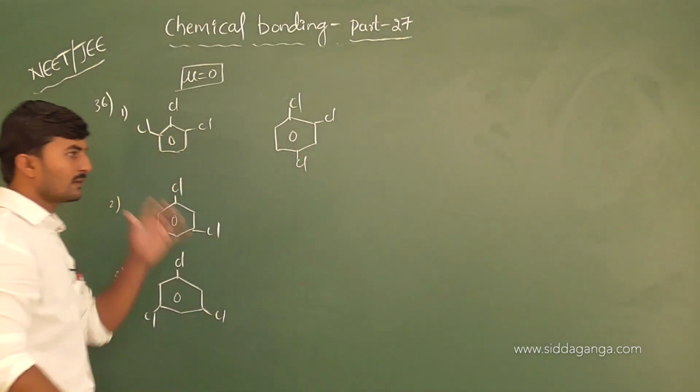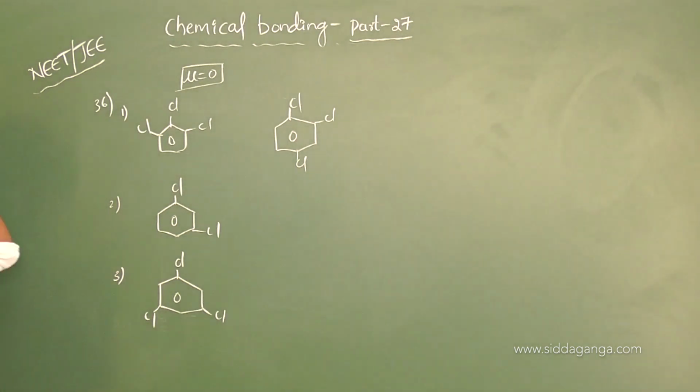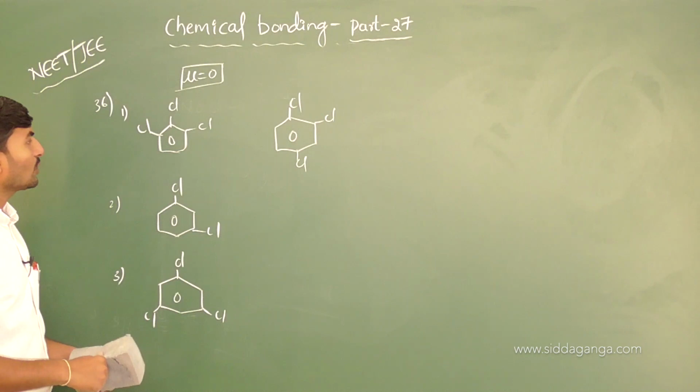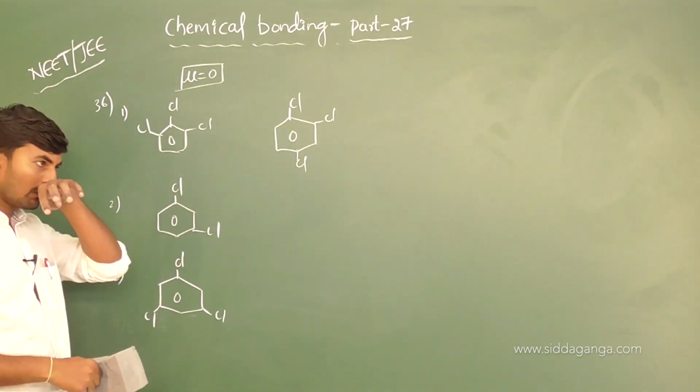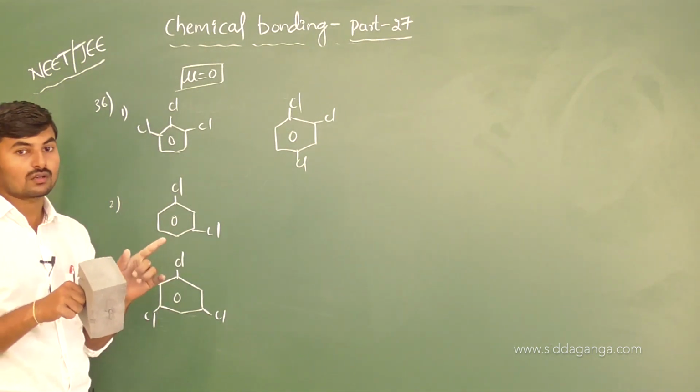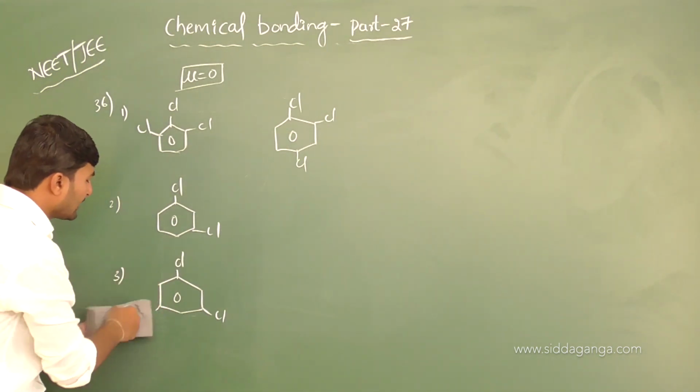These are the examples of molecules. Among them we have to identify which molecule should have zero dipole moment. For zero dipole moment, what should happen? Dipole moments should cancel with each other.